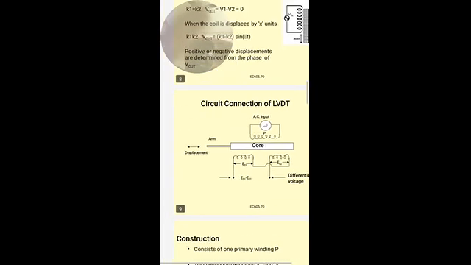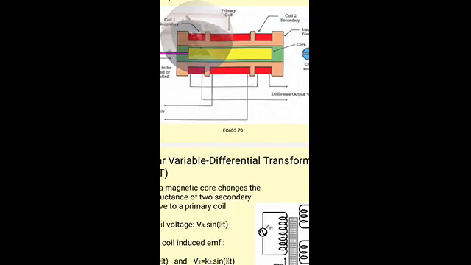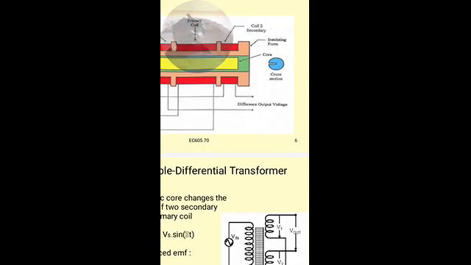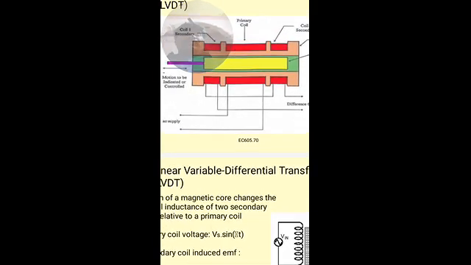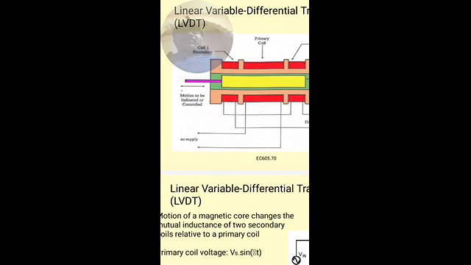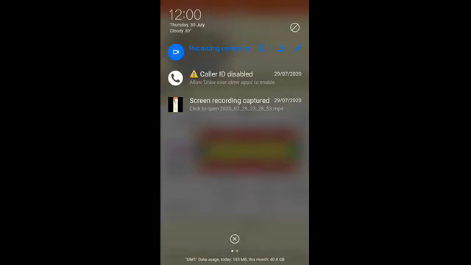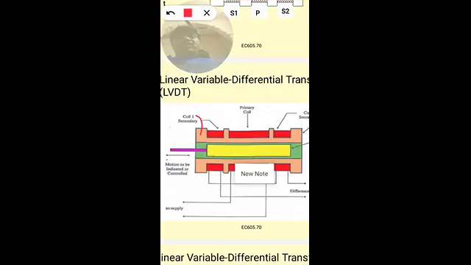You can see the primary and secondary windings. These are wound on a hollow cylindrical former.